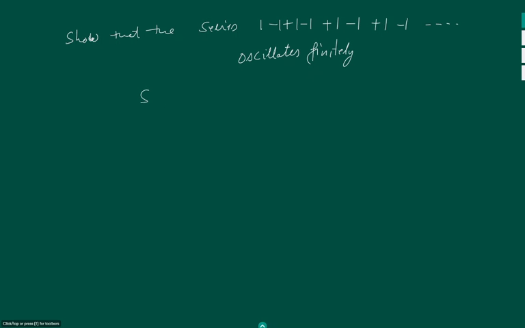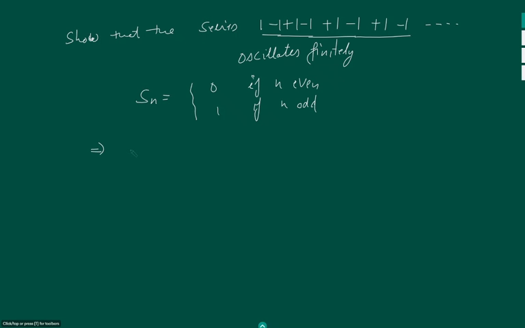Now if you write the sum of first n terms of the series, it would be 0 if n is even. Because if you take 2 terms or 4 terms or 6 terms or 8 terms, the sum would be 0, and the sum would be 1 if n is odd. All right. So this implies the sequence Sn is the sequence 1 0 1 0 1 0.